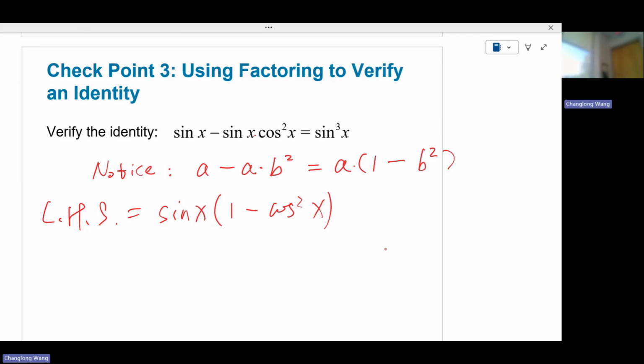But do you see that we've got sine of x, but there's no cosine x on the right-hand side. So we hope that maybe I can get rid of the cosine x on the left-hand side, and hopefully I'll get sine of x.